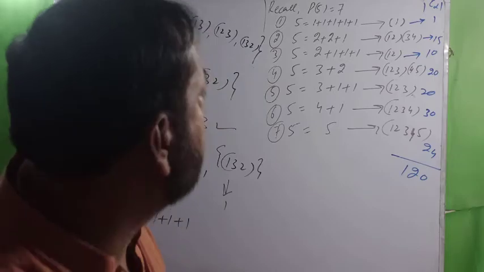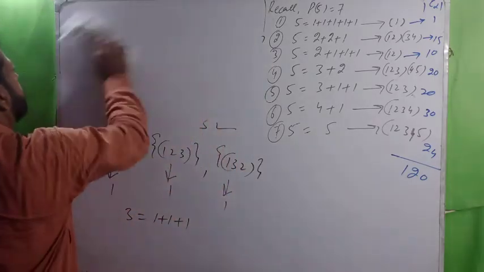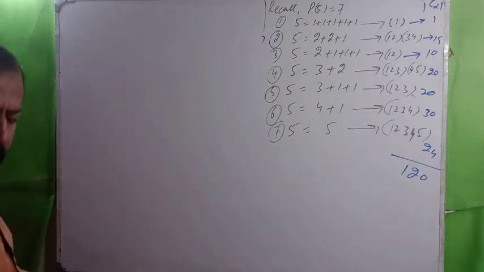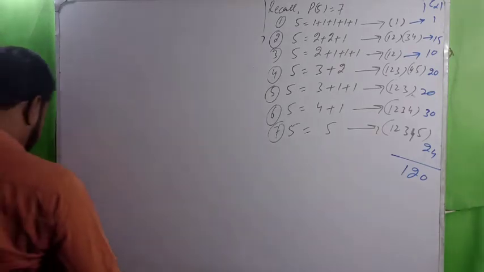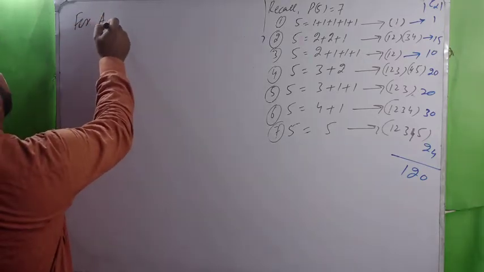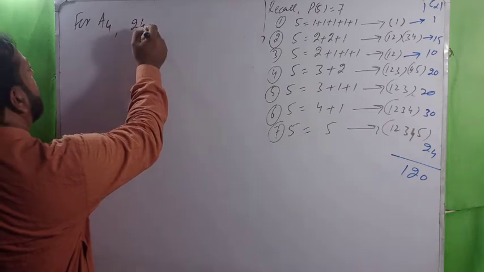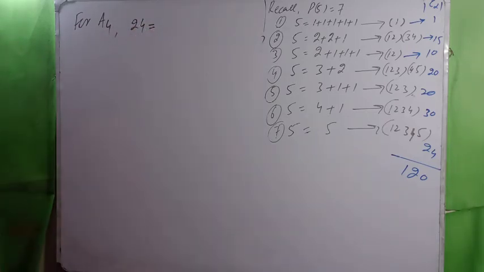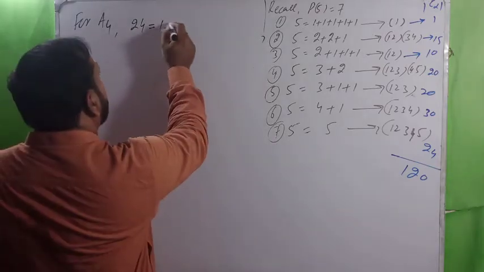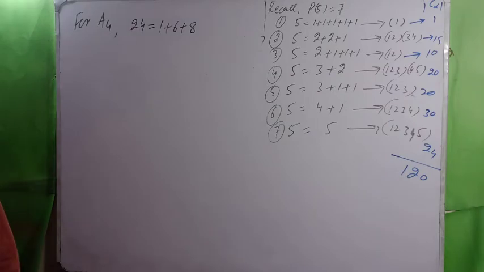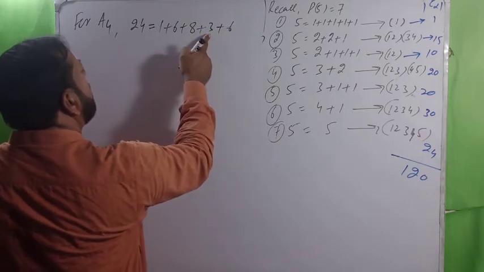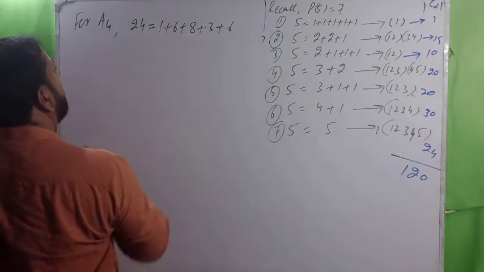Now come to A4. If you write a table first of the types, if you remember the types of A4, in the previous lecture you calculated the class equation. 24 was 1 plus 6 plus 8 plus 3 plus 6, that is 9, 17, and 7, 24.